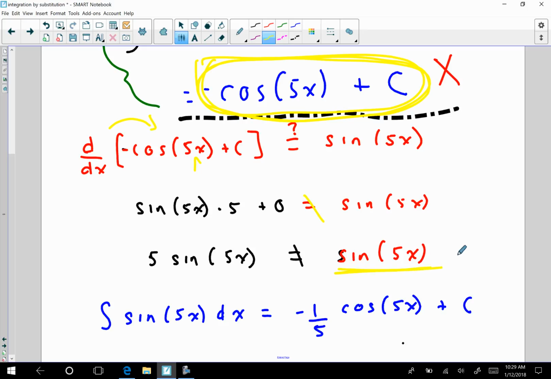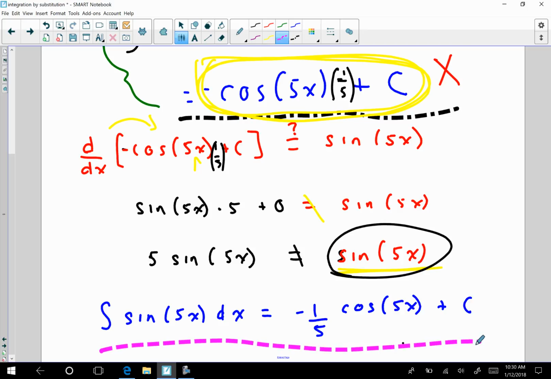It might be difficult for some of us to see that if I would have multiplied this guy up here times 1/5 and had that 1/5 here, then this 5 times 1/5 would have canceled, and then I would indeed have ended up with this. So the antiderivative of sine of 5x dx is equal to negative 1/5 cosine 5x plus a constant.